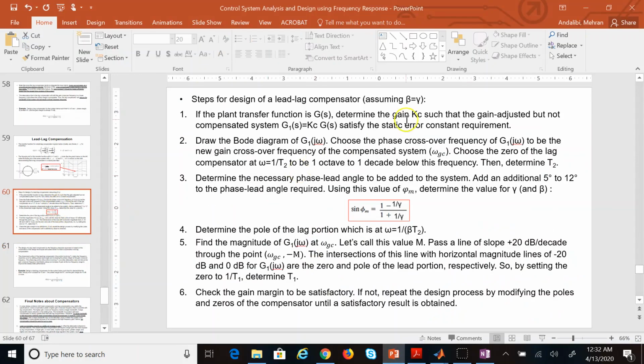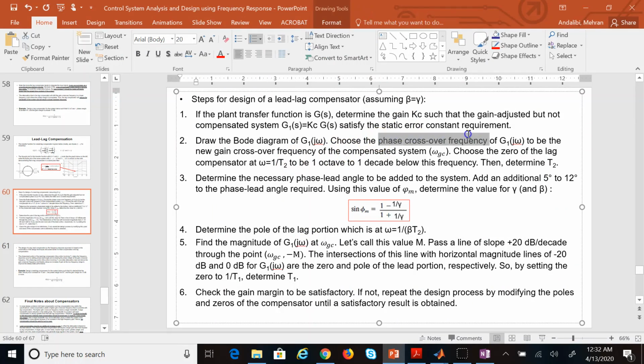Stage number 2 is to draw the Bode plot of this new system and then find the phase crossover frequency of the system. This phase crossover frequency of G1, we're going to set it to be the gain crossover frequency of the completely compensated system.